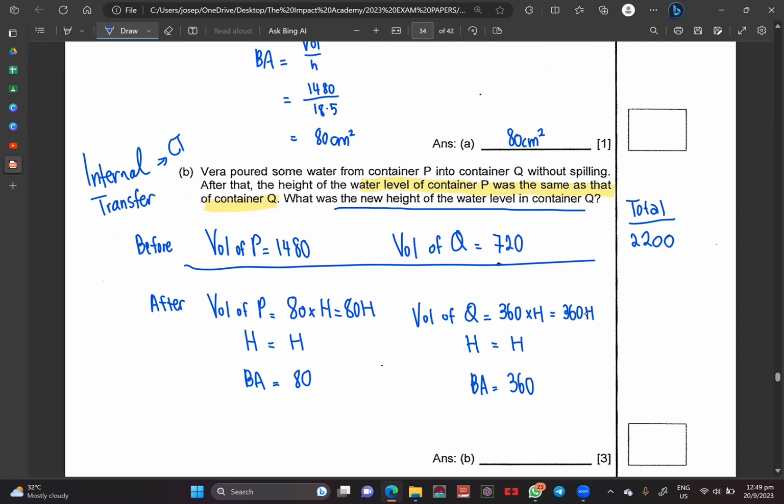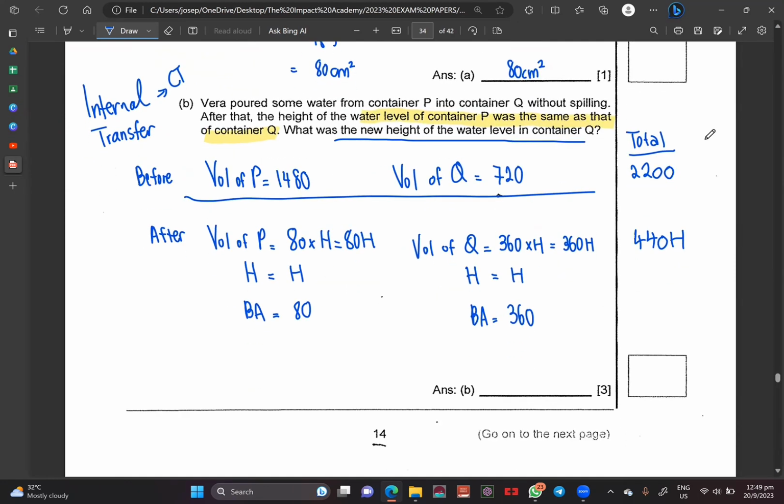Now, the total for after is also the same. However, I do not have the exact amount because I do not know what the height is. But you can be rest assured because the total doesn't change. So we can say that 440H is equal to 2,200.